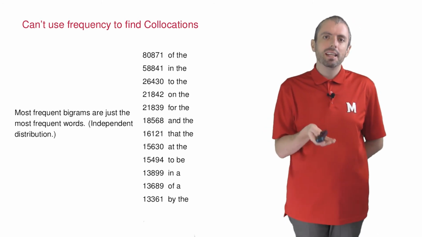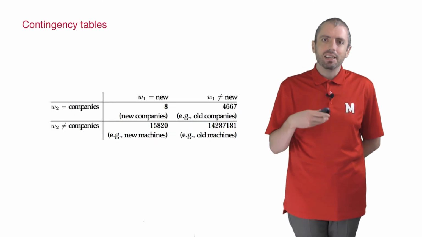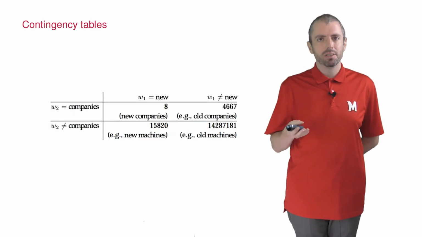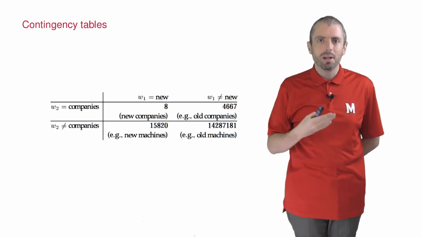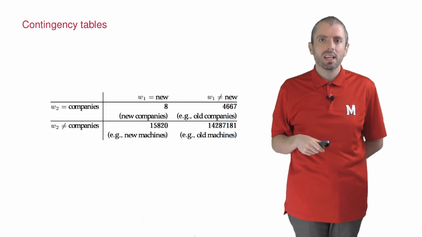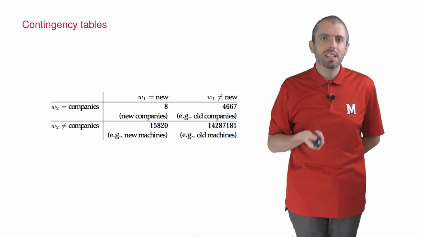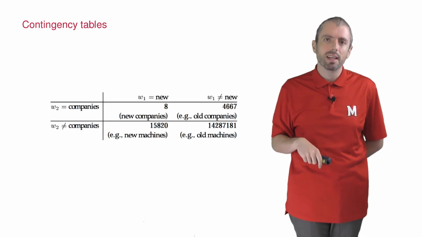So we investigate them using something called contingency tables. You have one probability distribution as the columns, here word 1, and one probability distribution as the rows, here word 2. You count up each of the instances, and you get a total in each cell of the contingency table.